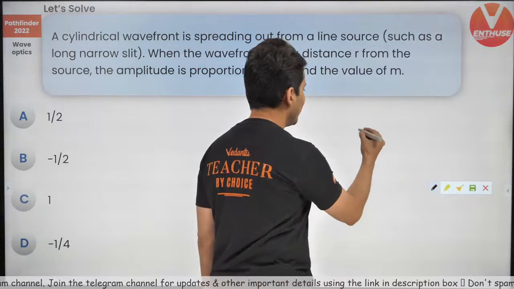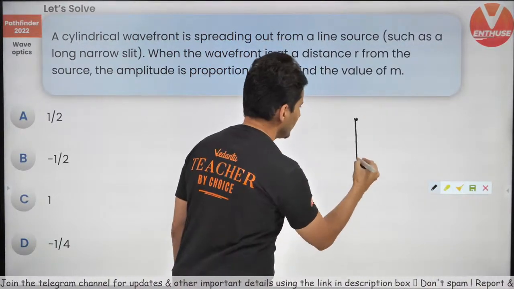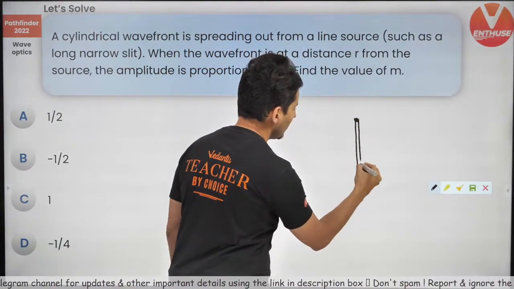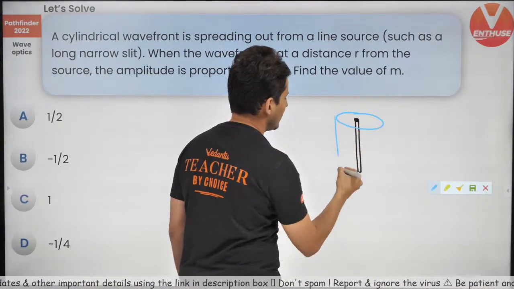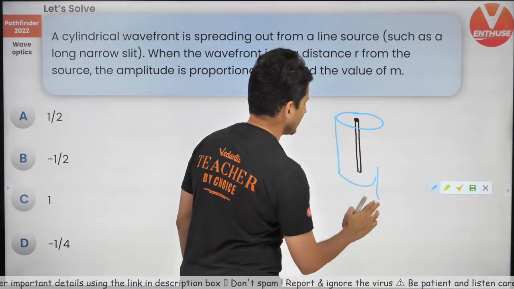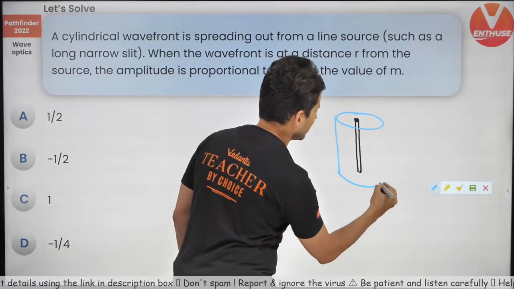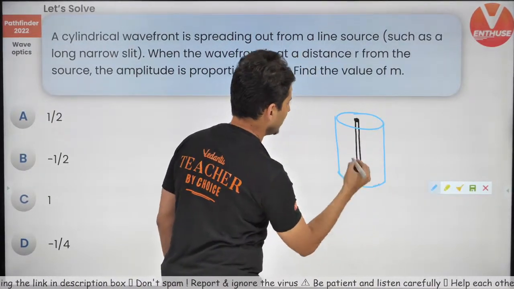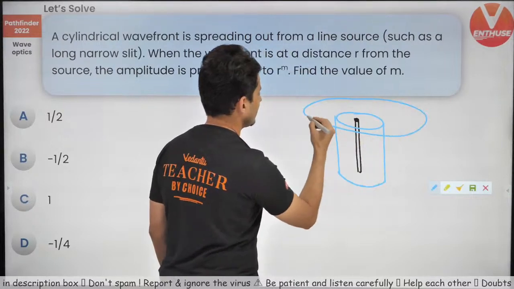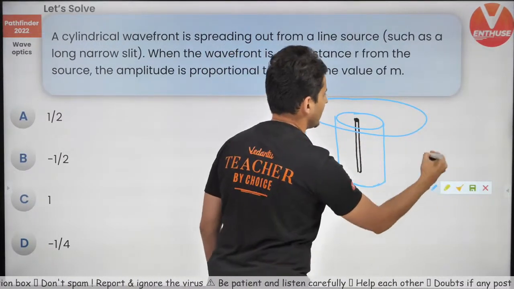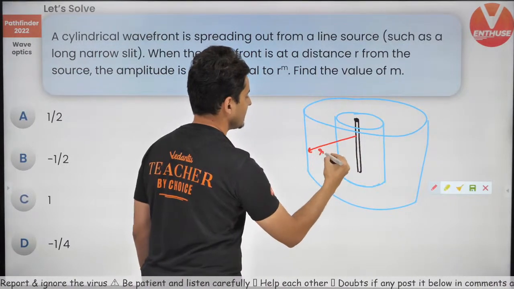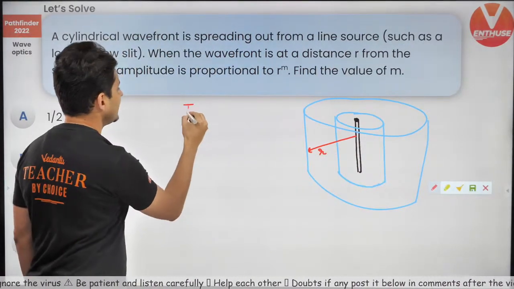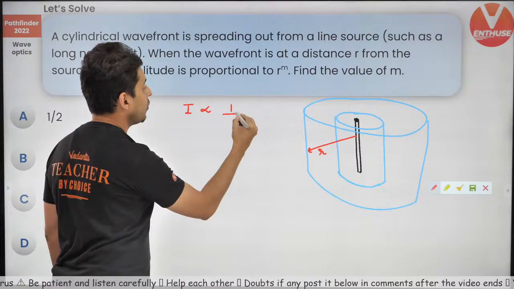So when you have a cylindrical source, obviously it will create cylindrical wavefronts around it, something like this, and at some distance r, the intensity was proportional to 1 by r.